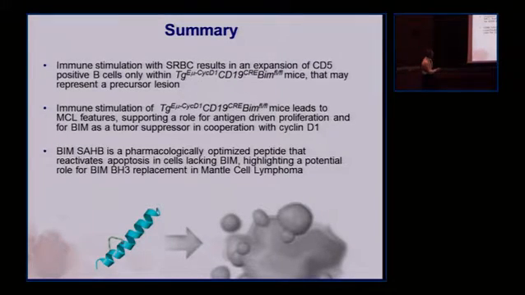This might suggest a role for both antigen-driven proliferation as well as BIM as a tumor suppressor cooperating with cyclin D1 in mantle cell lymphoma. And finally, that BIM SAHB is a pharmacologically optimized peptide that can reactivate apoptosis in cells that lack BIM, and that this highlights a potential role for BIM BH3 replacement therapy in mantle cell lymphoma.